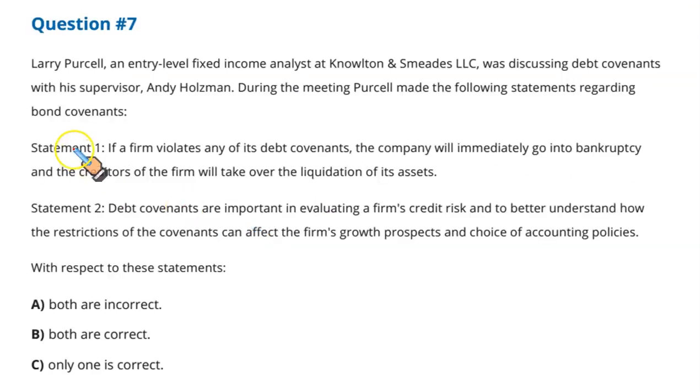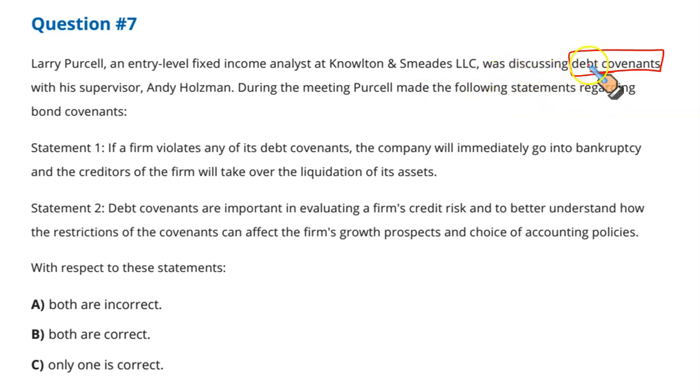Next. Larry Purcell, an entity level fixed income analyst at Knowlton Schmidls LLC, was discussing debt covenants. What are debt covenants? Debt covenants are restrictive clauses, restrictions put on the issuer so that the interest of the bondholders could be protected. So debt covenants are restrictive clauses put on the issuer so that the interest of the bondholders could not be put in danger.